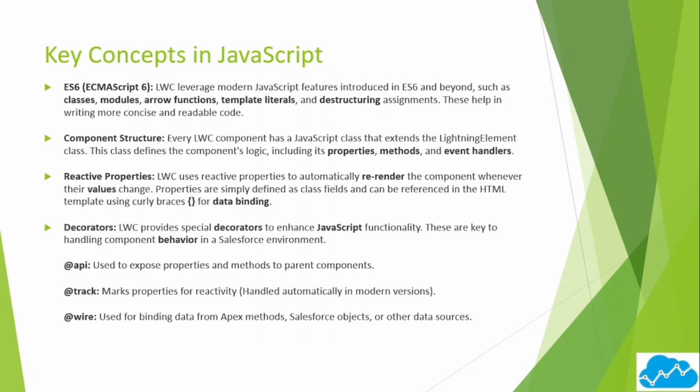Every LWC component has a JavaScript class that extends the Lightning element class. This class defines the component's logic, including its properties, methods and event handlers. So in every JavaScript file we are seeing Lightning element, and these Lightning element we are extending in our code.